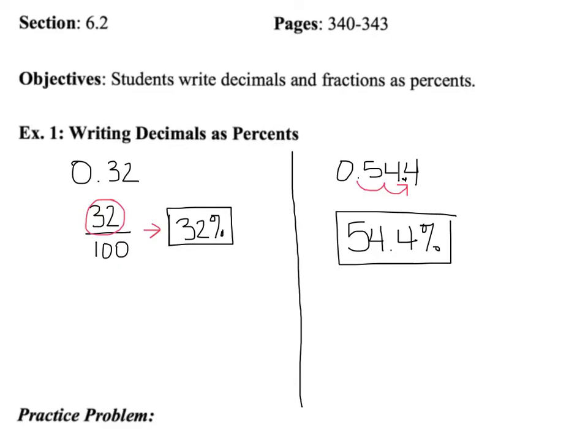So in review, you can say the decimal properly, so 32 hundredths, and then write it as a percent, or you can just move that decimal 2 places to the right, tack on your percent sign, and that's how you get your decimal turned into a percent. Now it's your turn.